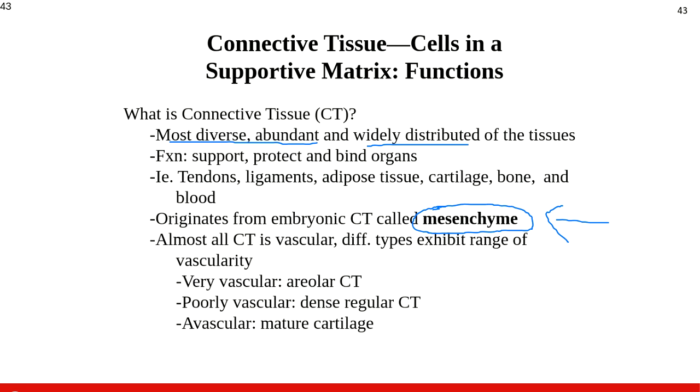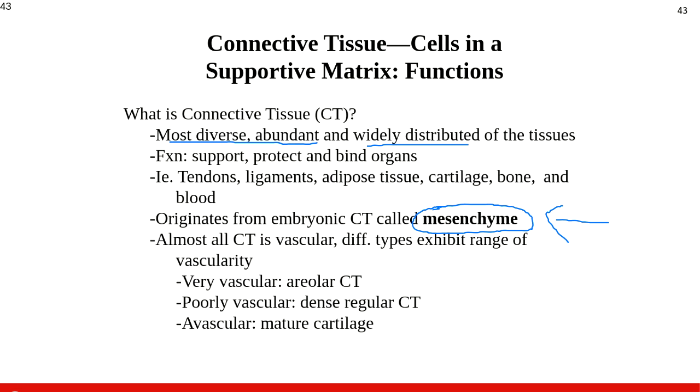One of the popular characteristics about connective tissue is its vascularity. What that means is how many blood vessels can be found in this tissue, and it ranges from a lot to very little.